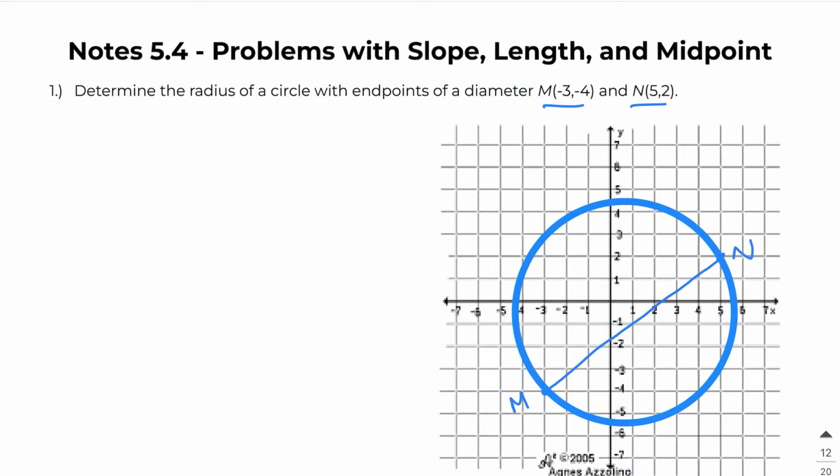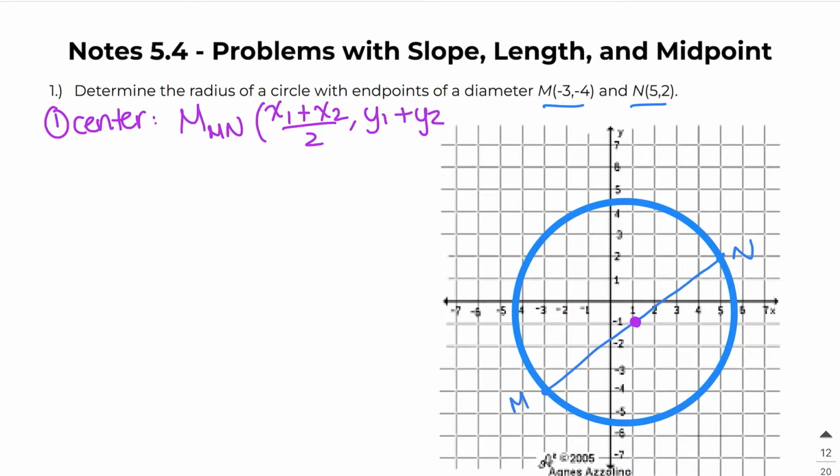So to find the radius of the circle, I need to know what the center of my circle is going to be first. So to find the center, I have to find the midpoint of segment MN. Okay, so to find the midpoint, I would just do (x1 plus x2) over 2, and then (y1 plus y2) over 2.